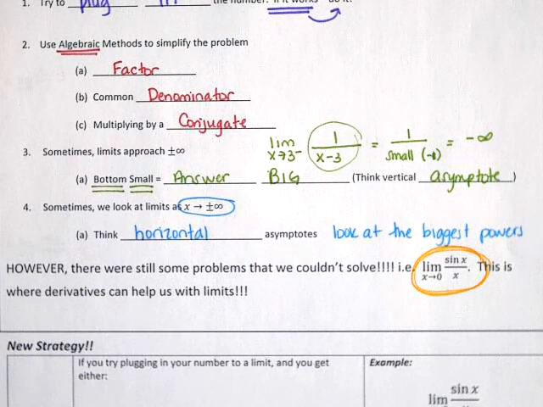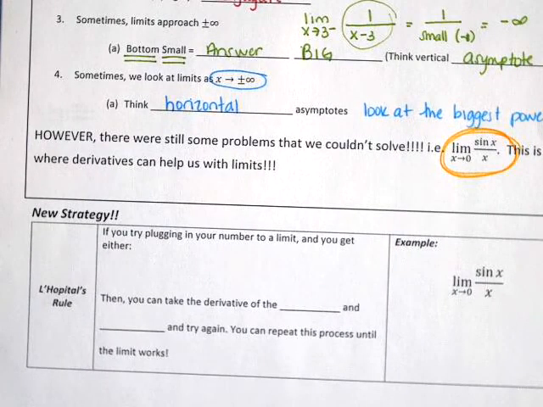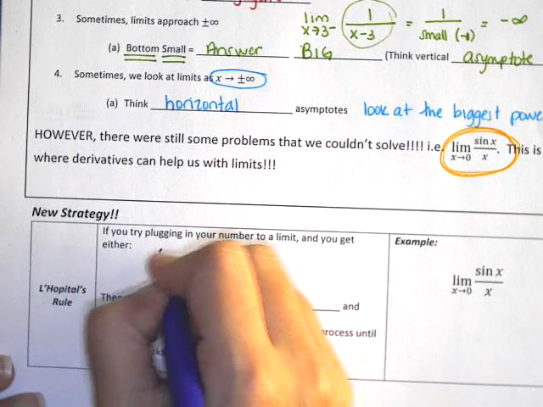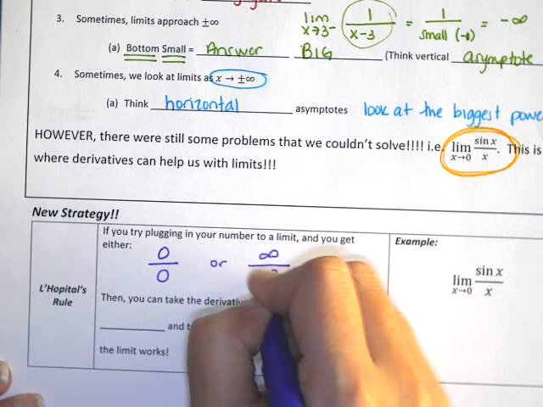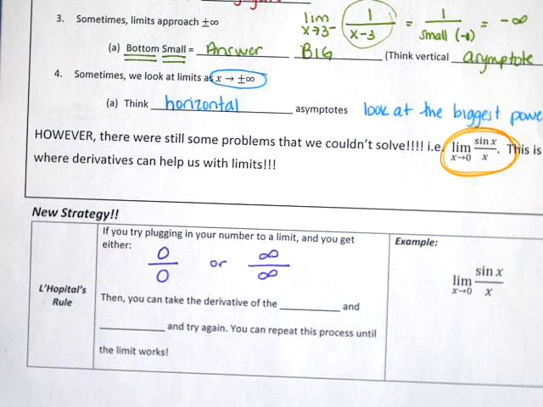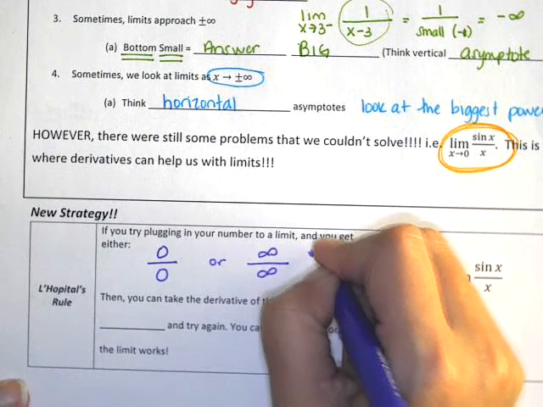Here's the new strategy. If you try plugging your number in and you get either 0 over 0 or infinity over infinity, these are what are called indeterminate forms.